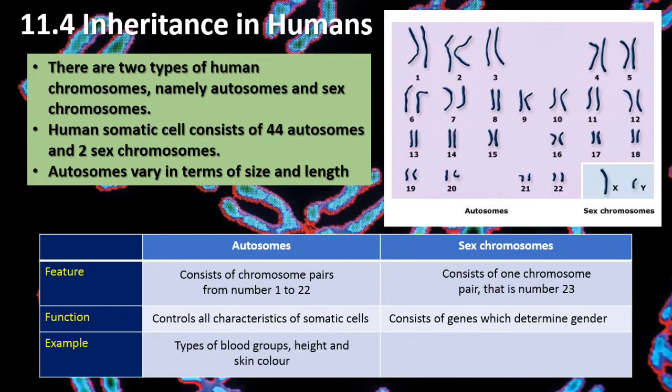Examples of autosome traits are blood group, height and skin color. For sex chromosome, male has XY chromosomes, while female has XX sex chromosomes.